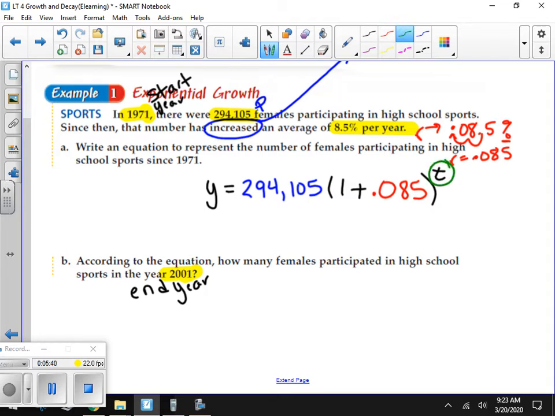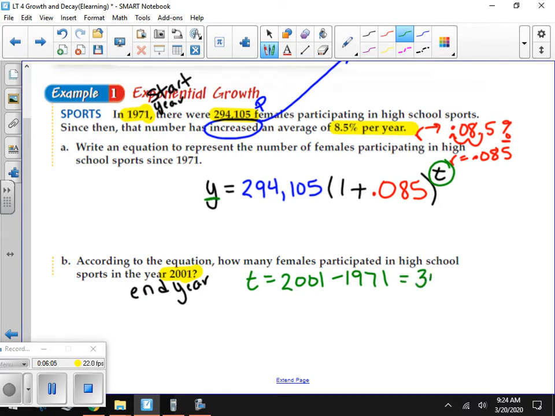Okay? Remember, T is time, so how much time has gone by. Well, if we're ending in 2001 and we started in 1971, all I have to do is subtract those two. When I subtract those two, it's going to give me the amount of time that has passed since the start of 71 to when I ended in 2001. And that is 30 years. So now this 30 is going to go where that T is.